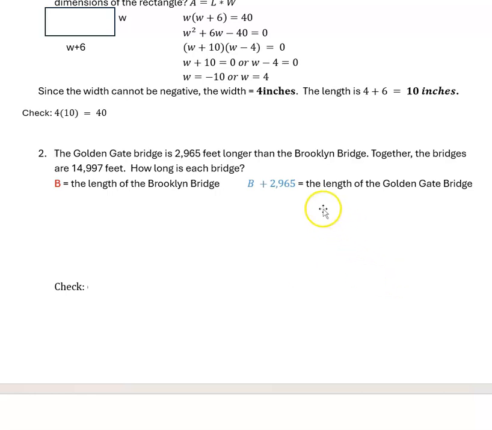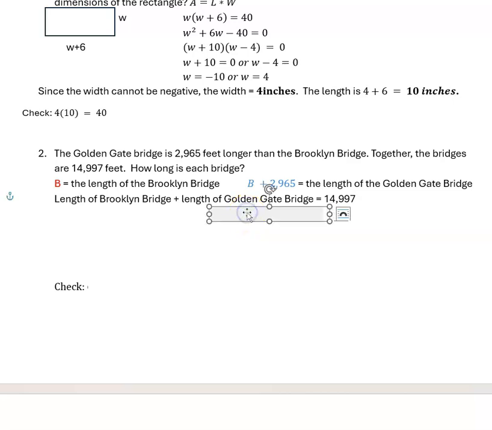So now we know that the 2 bridges added together should be 14,997. Instead of the Brooklyn Bridge, we're going to replace that with B. And instead of the Golden Gate Bridge, we're going to replace it with B plus 2,965. And that's what that equation looks like.